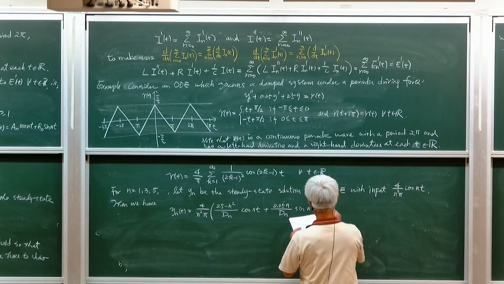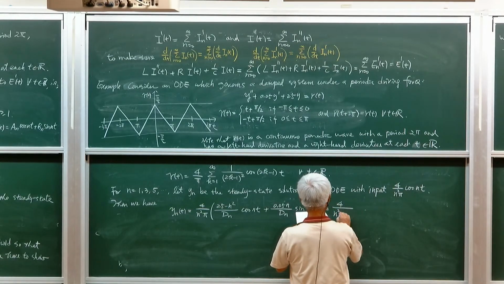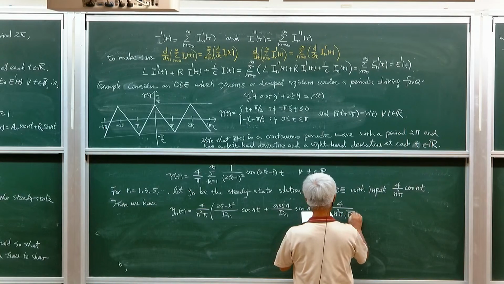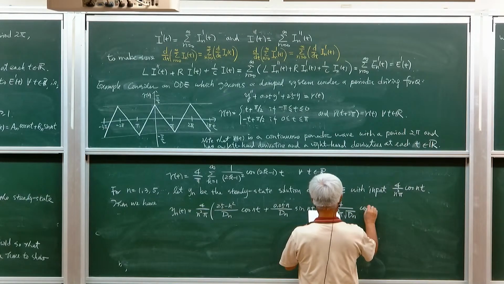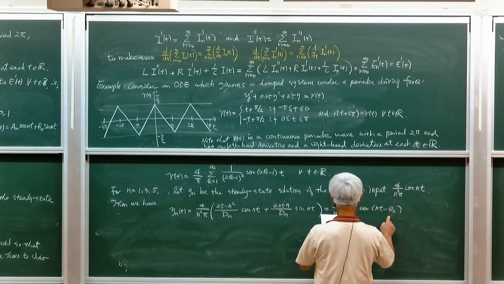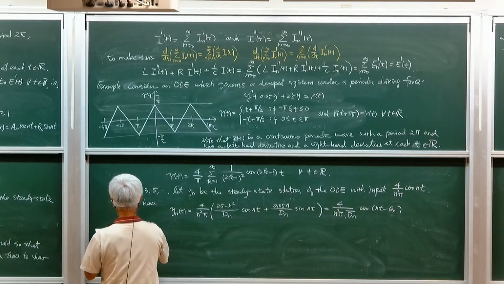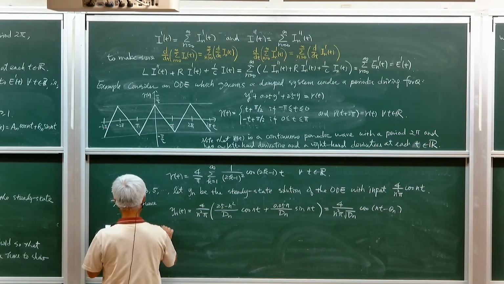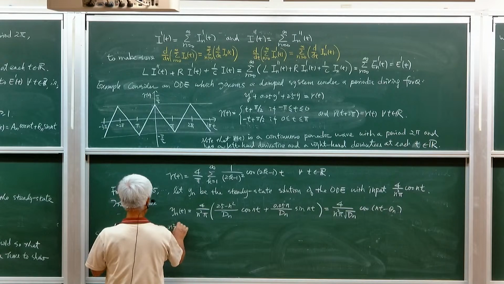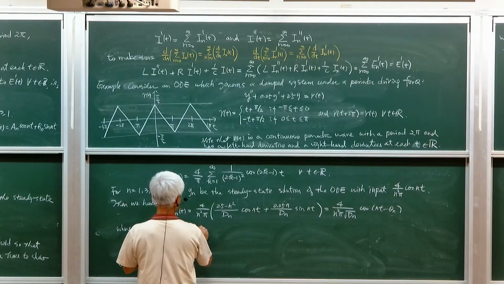And so we can combine them together. We can write them in this way, square root of D_n times cosine(nt minus theta_n), and so this is the phase. Where D_n is (25 minus n squared) squared plus (0.05 n) squared.